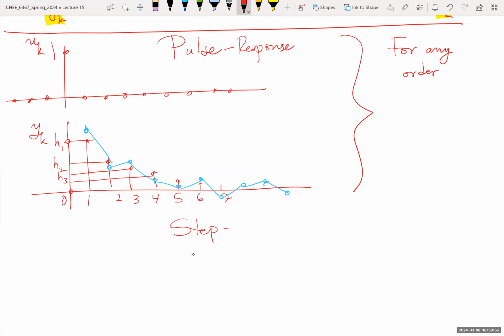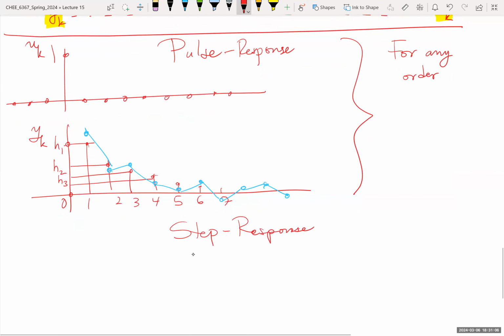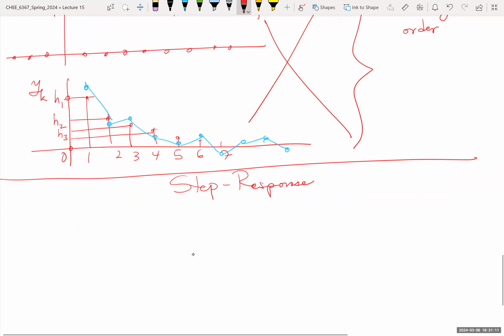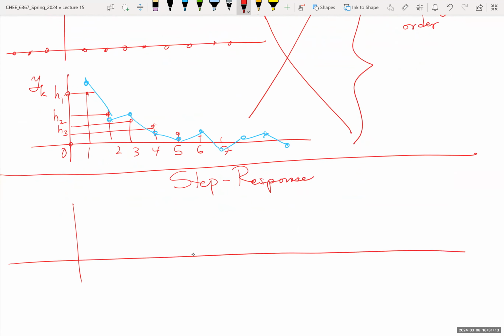But in reality, a better experiment is to do a step response experiment. And then there are other tricks that one might do, but let's stick to the step response experiment first. So I wouldn't throw this. I would try to do something else. I would throw a step to my process. Why would a step be better?